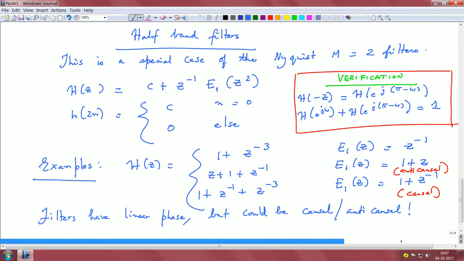This means I look at the low pass response. If h of z is a good low pass filter, this is a good high pass filter, right. If you had a Nyquist M filter, you will have various band pass versions in the middle. So, this plus this basically sums to 1, and this is symmetric about pi by 2, and you have a case for basically mirror symmetric filters here.